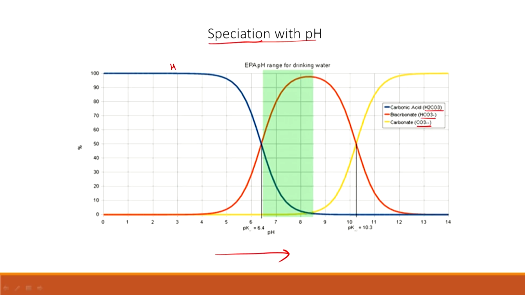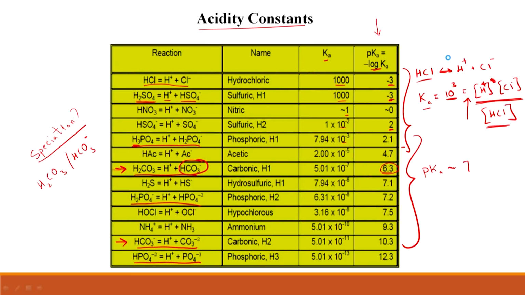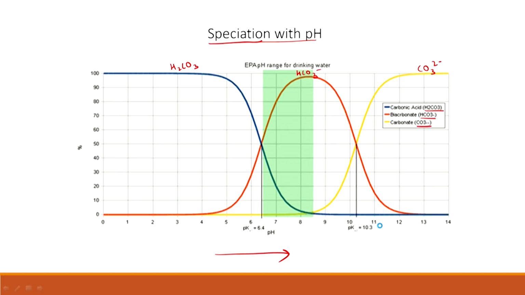So, this is H2CO3 and HCO3 minus, and this is CO3 2 minus. And then you have, as we saw, the pKa values, that is 6.3 and 10.3 as we discussed earlier. So, 6.3 is out here, or I guess 6.3 or 6.4 according to this graph, and 10.3, right.